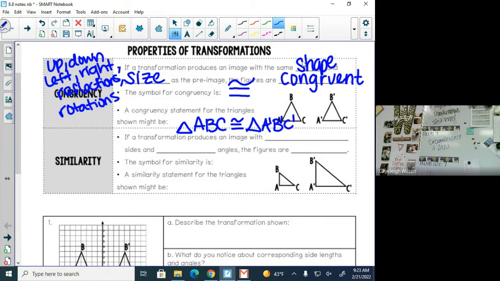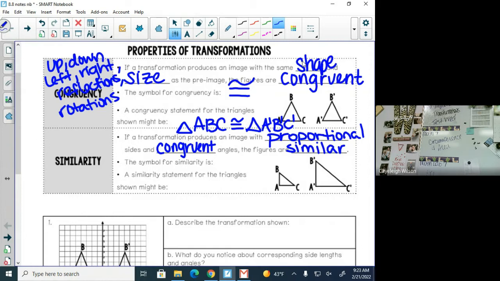So similarity: if a transformation produces an image with proportional size and congruent angles, these figures are said to be similar.